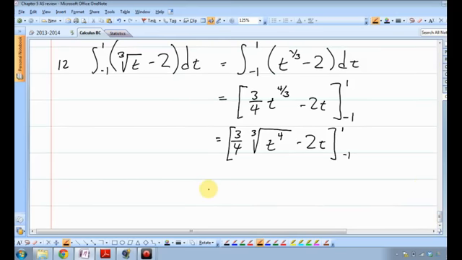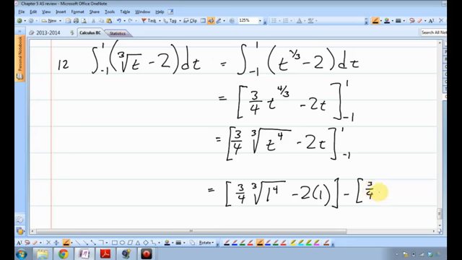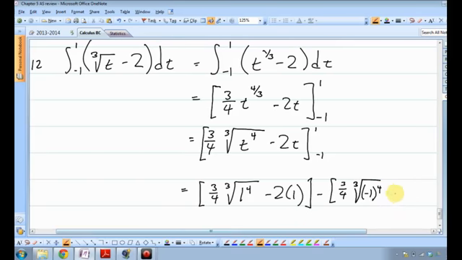That's equal to 3/4 of the cube root of 1 to the 4th power minus 2 times 1, minus 3/4 of the cube root of -1 to the 4th power minus 2 times -1.